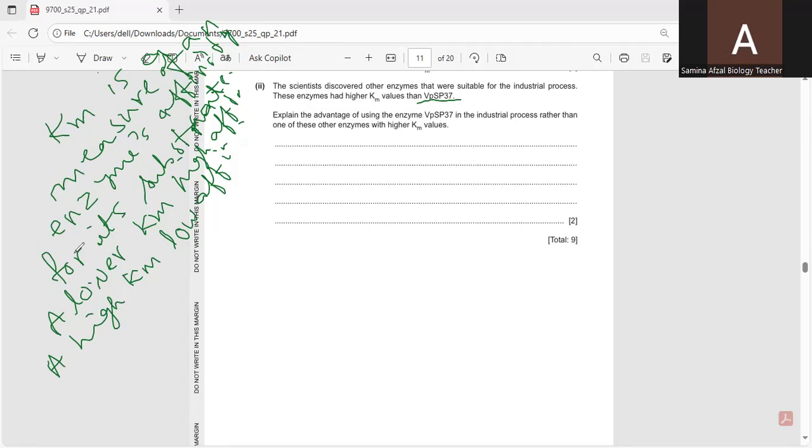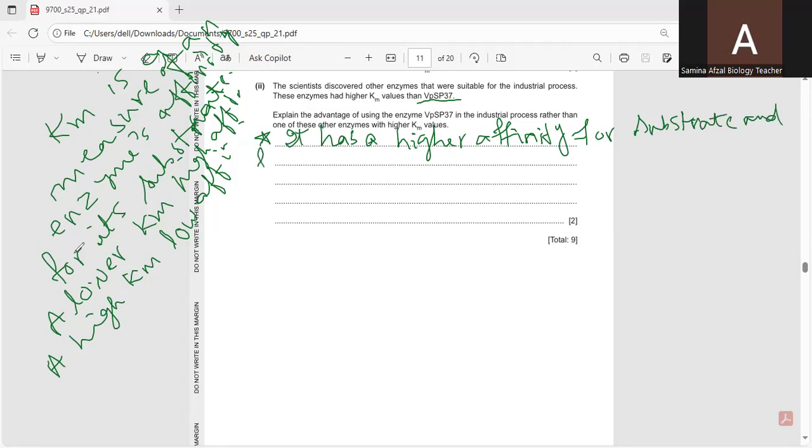The first answer for this is: it has a higher affinity for its substrate and low Km.